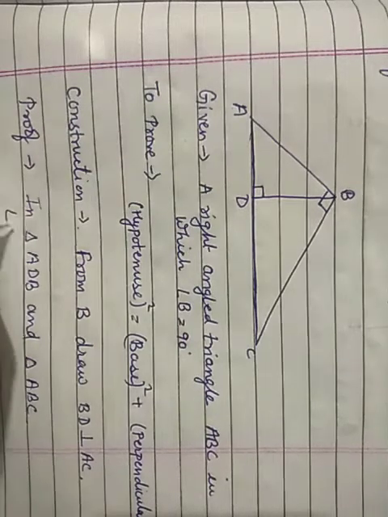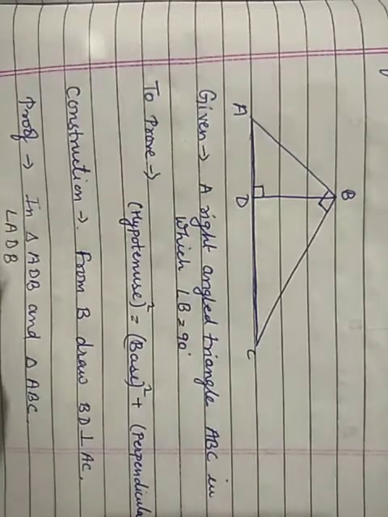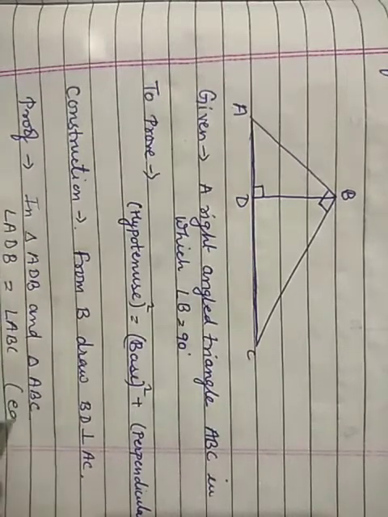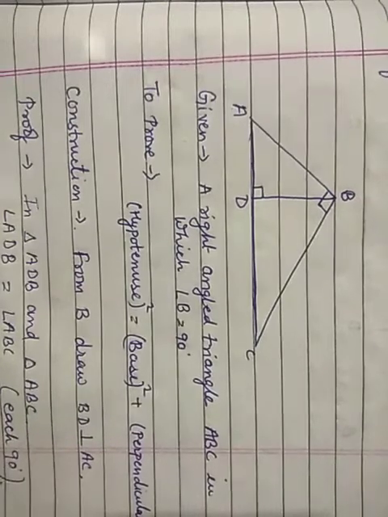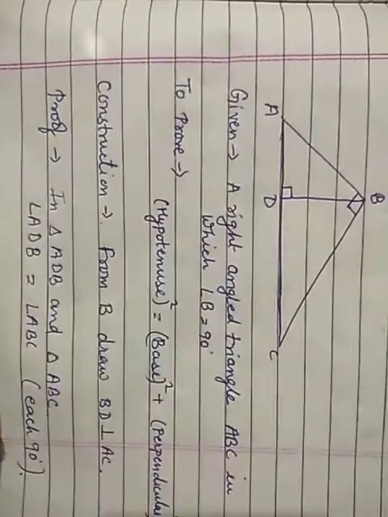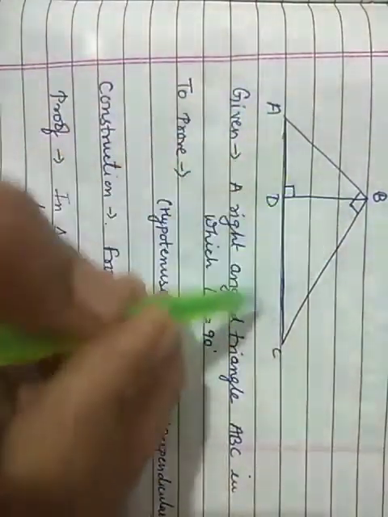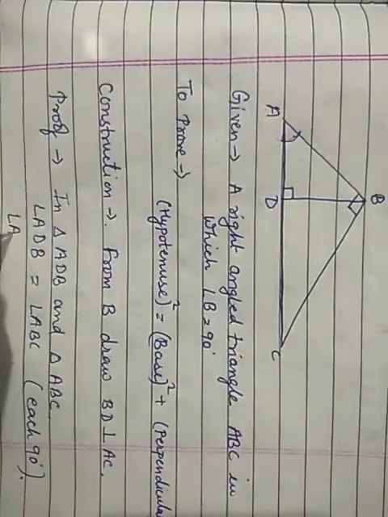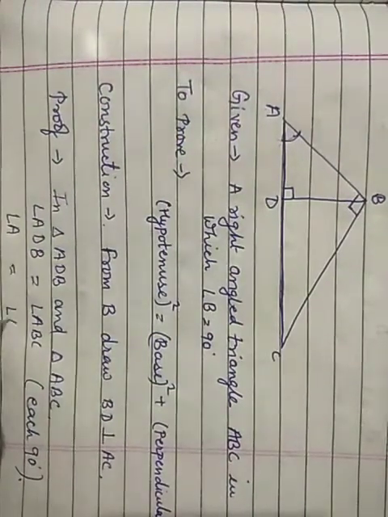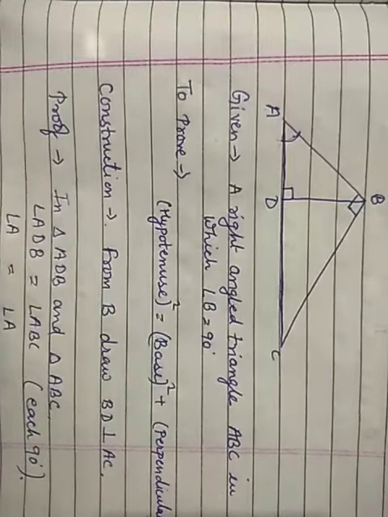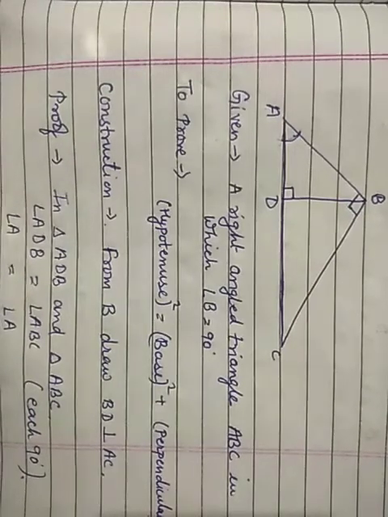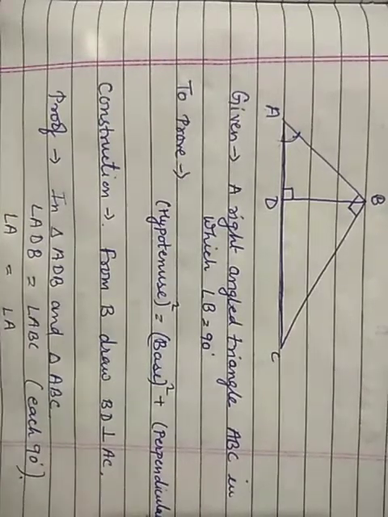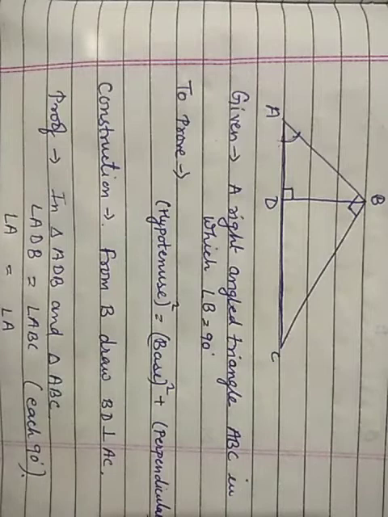So first of all write angle ADB is equal to angle ABC, each 90 degrees. Now you can see in these two triangles ADB and ABC, angle A is common. So we can write angle A is equal to angle A. So our triangle ADB is similar to triangle ABC by AA similarity.